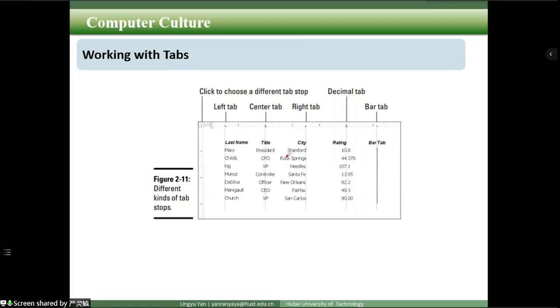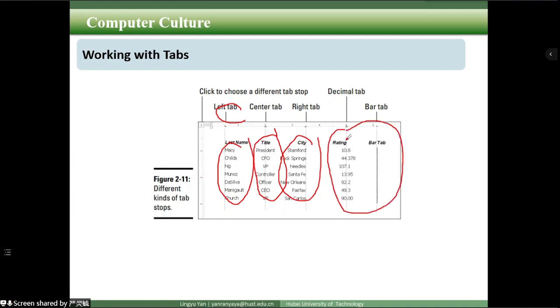As shown in this figure, Word offers four tabs for aligning text. The left tab aligns text to the left, the center tab aligns to the center, the right tab aligns to the right, and there is also the bar tab. The bar tab stop merely draws a vertical line on the page.